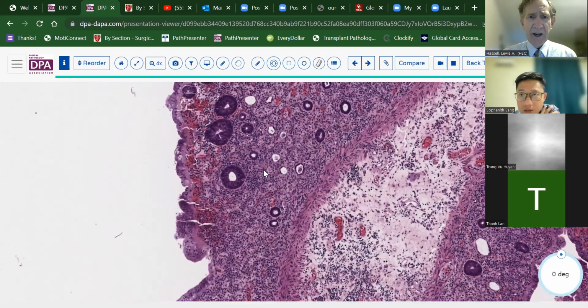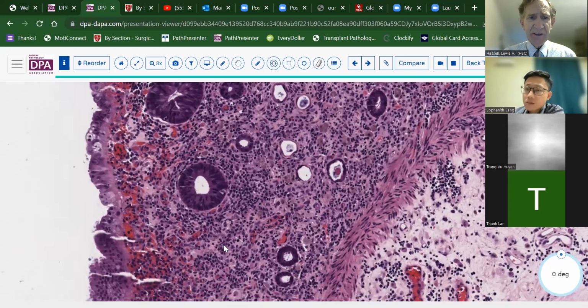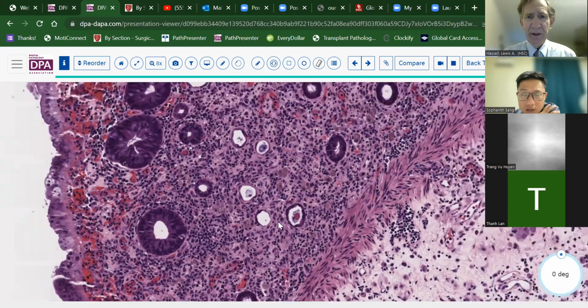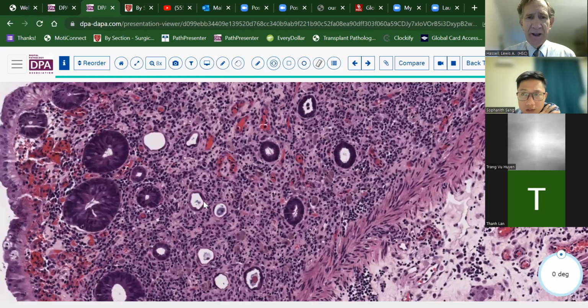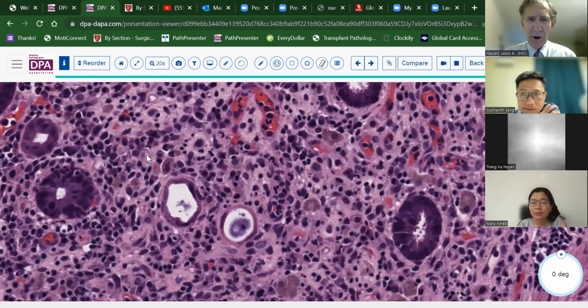But she was on a number of antimetabolites, which obviously in this case were severely impacting the regenerative capacity of her bowel crypts. You see many of these crypts have shrunken and dropped out. And you have evidence of the cell breakdown in the form of hemosiderin in some of the stromal cells.